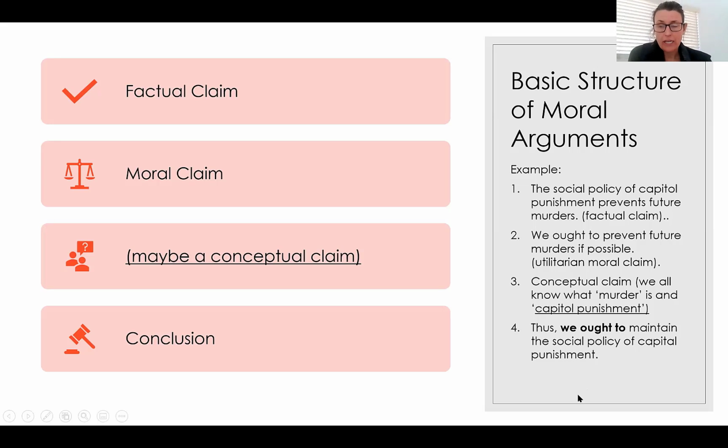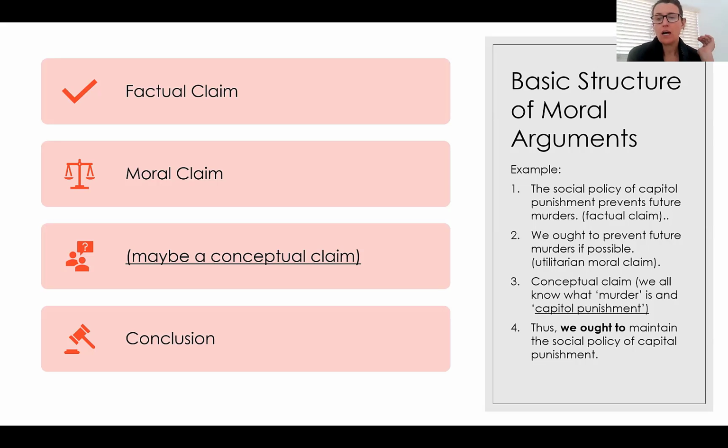in a moral argument has some sort of moral content. So there's, we ought to, we ought not, such and such an act is morally permissible or obligatory. Okay. So thus, therefore, we ought to maintain the social policy of capital punishment. Okay, so this is an argument for capital punishment, okay?